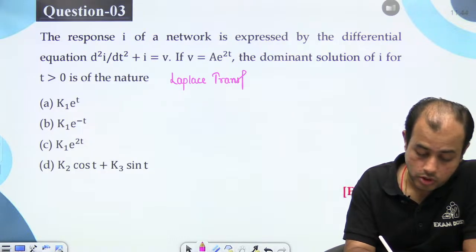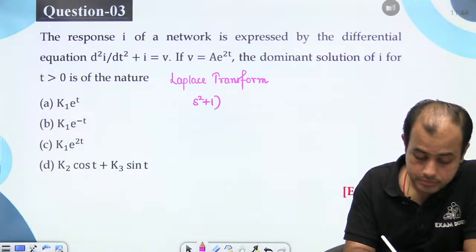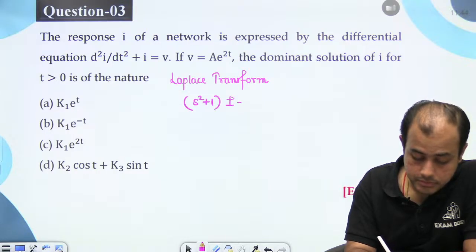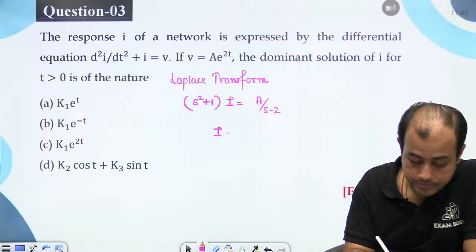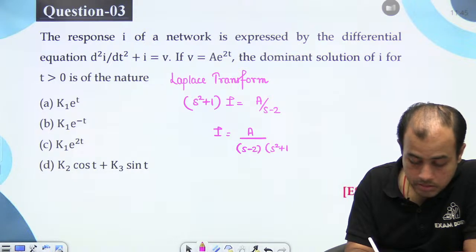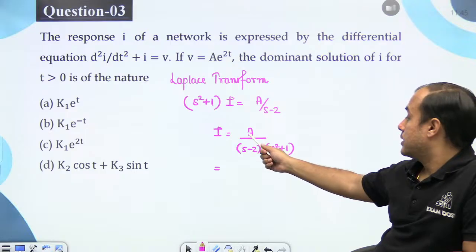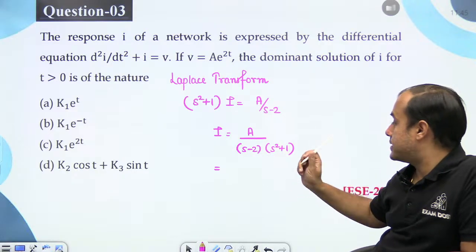So we have to solve by Laplace transform. Now when we do partial fraction, S equal to 2 means A by 5.